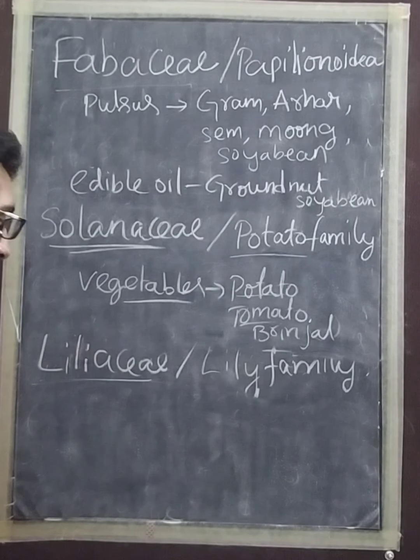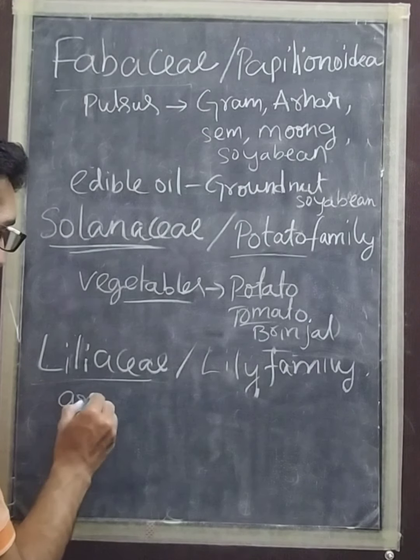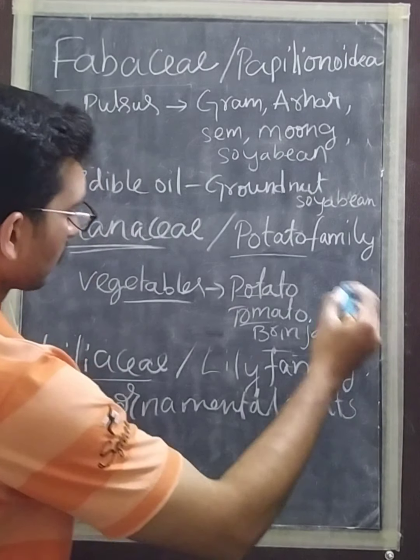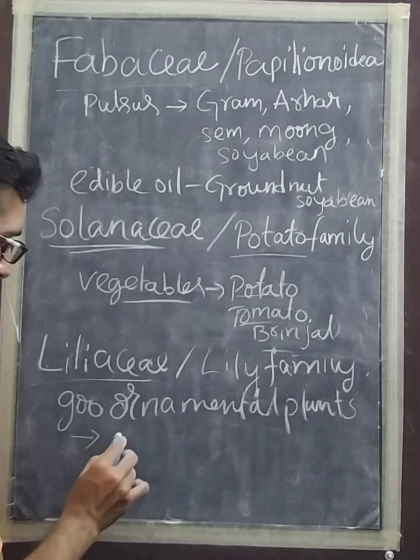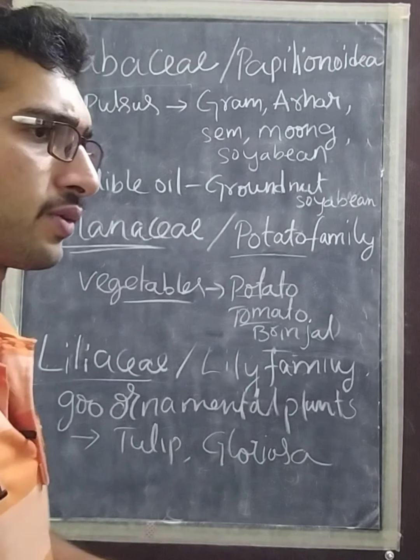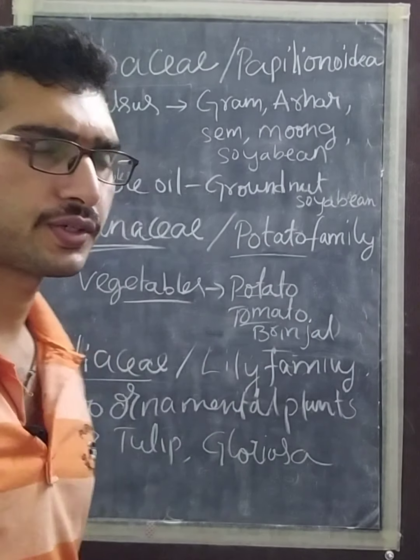Next, Liliaceae family plants are good ornamental plants. The best example is tulip. After tulip we have gloriosa. So when it comes to plants, we prefer plants for medicine preparation.